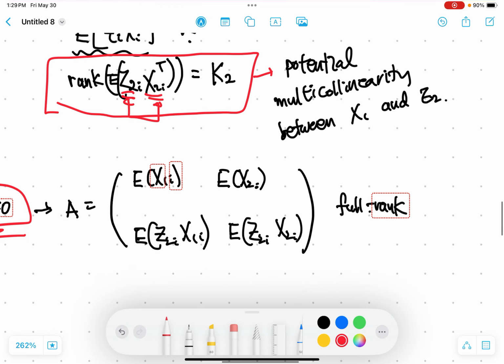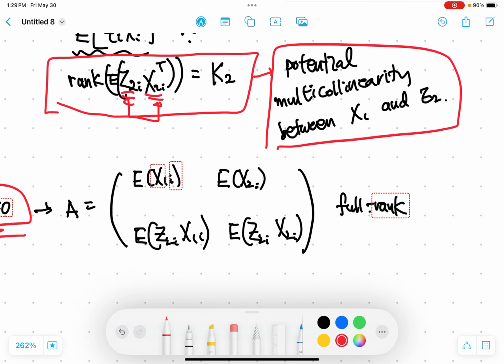And the same problem: it does not rule out the multicollinearity between x1 and z2. Let me see if that's right. Yes, right. So that is not good. And also the dimension does not match. Think about it: it is k1 by 1, it is k2 by 1.